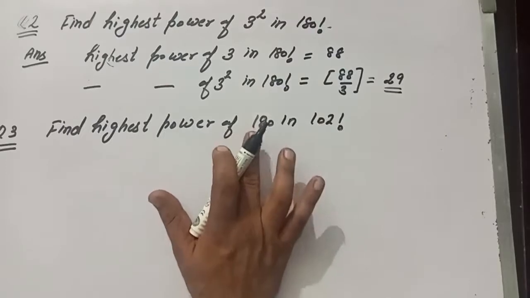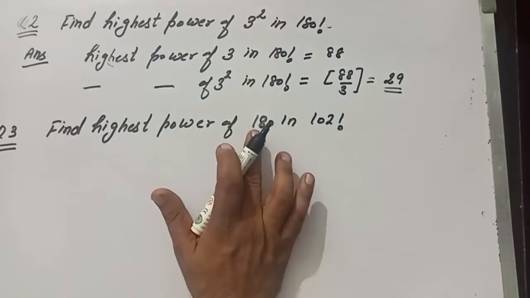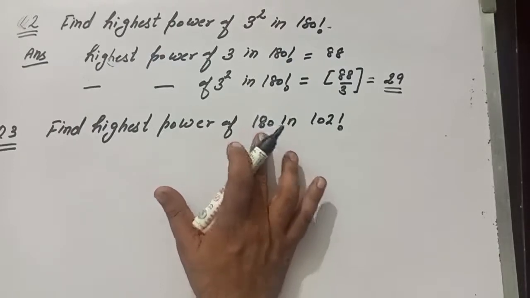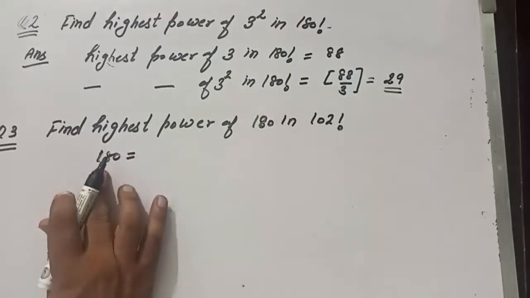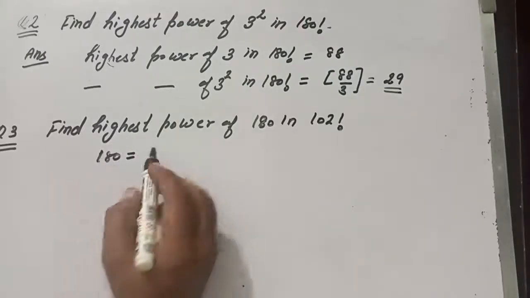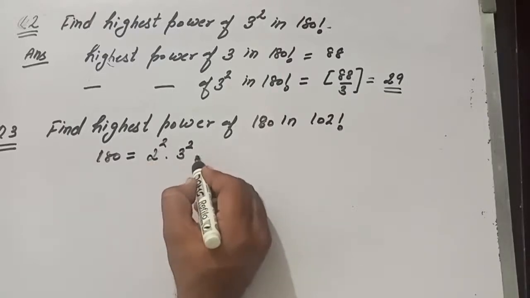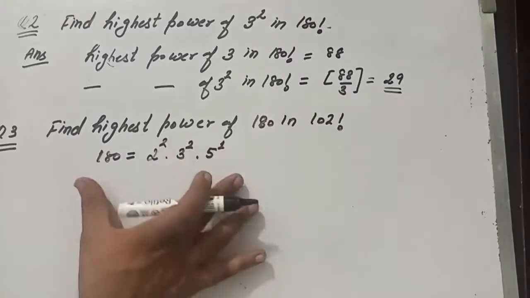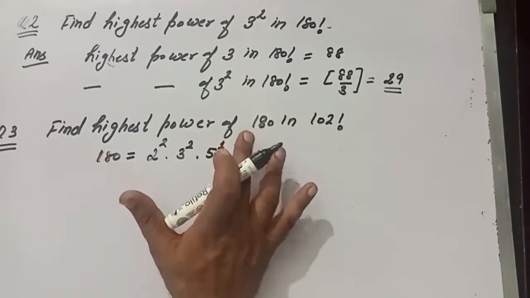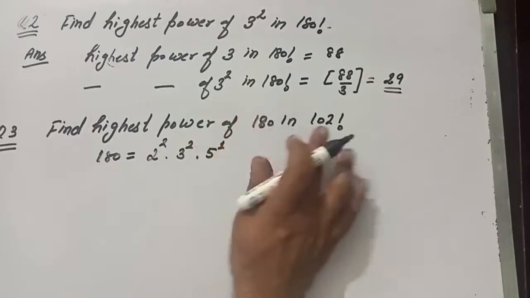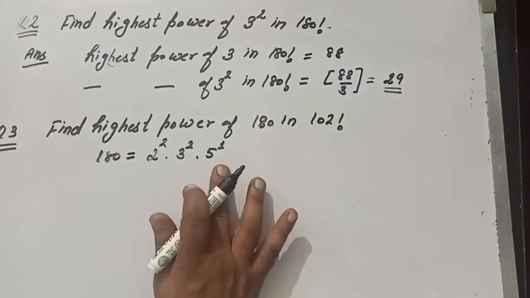This number is neither prime nor a power of prime, but in fact it is a product of prime powers. So first we will break 180 as the product of prime powers. That will be 2 square, 3 square and 5 raised to power 1. So when you have to find the power of any number in any factorial, just break that number into its prime factorization.